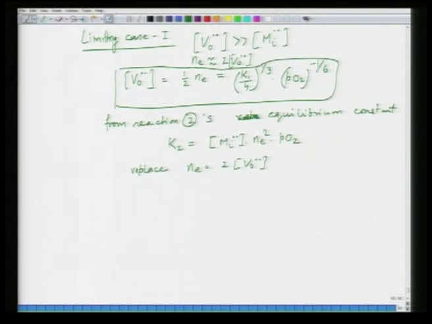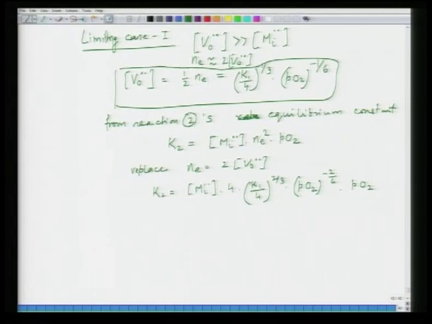So, now K2 will become Mi multiplied by what is Ne square. So, it will become 4 into K1 to the power 2 by 3 into PO to the power minus 2 by 6 into PO2. Okay.